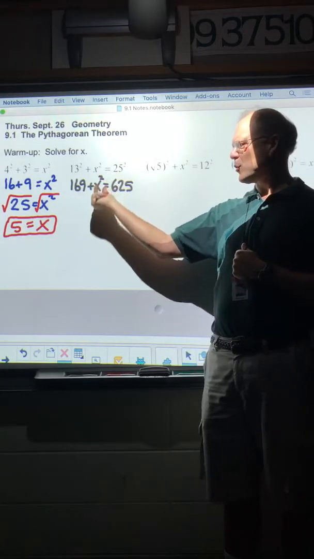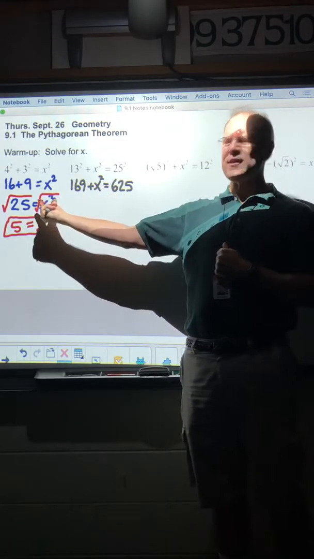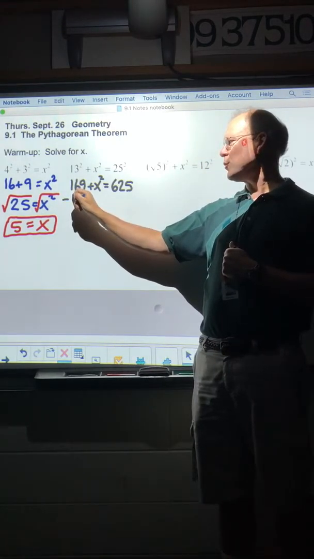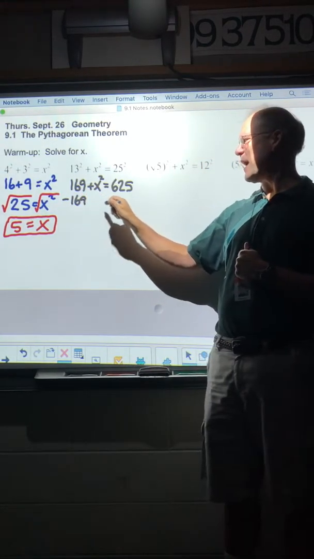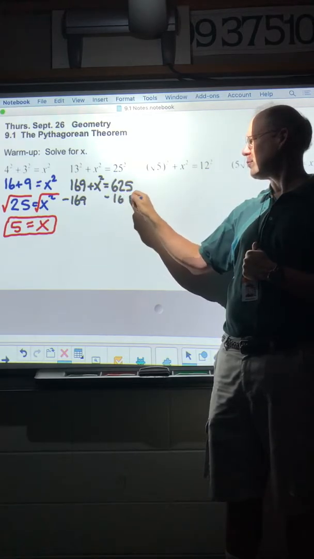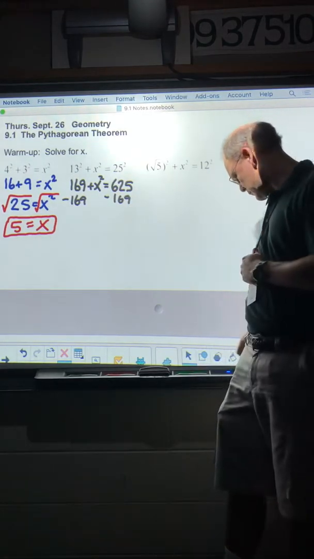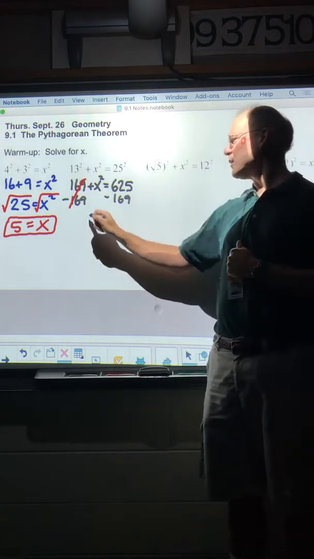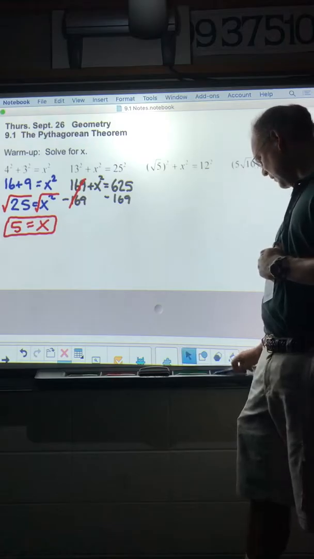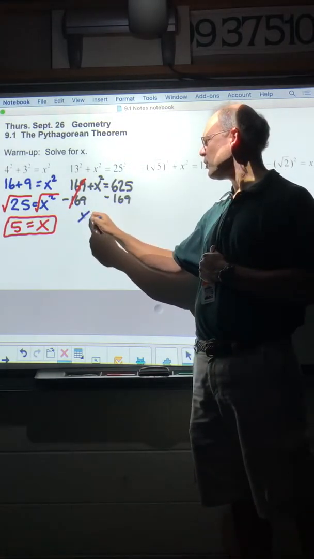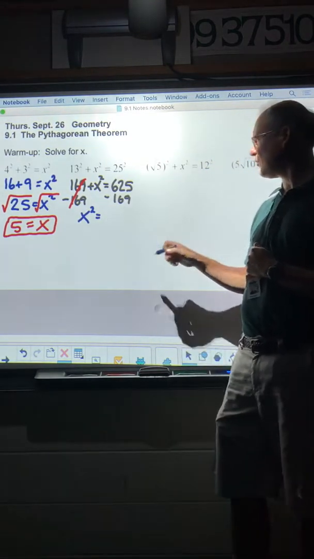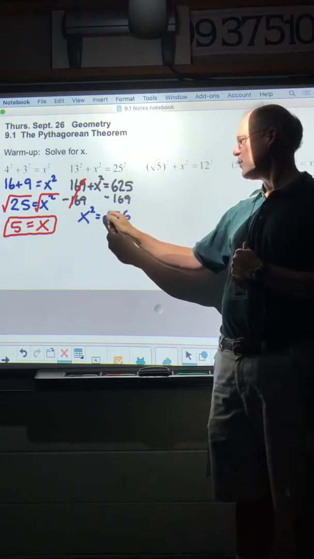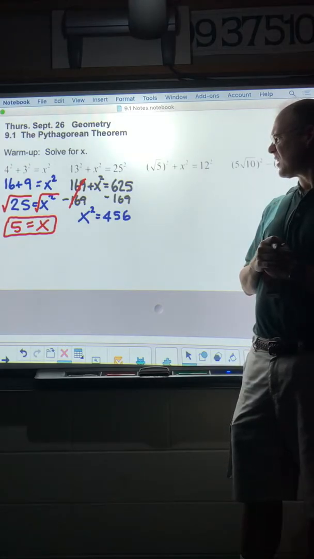So we want to get the x squared by itself, like it was in the last example, before we take the square root. So we can subtract 169. That cancels that out. So then I would have x squared equals 456.